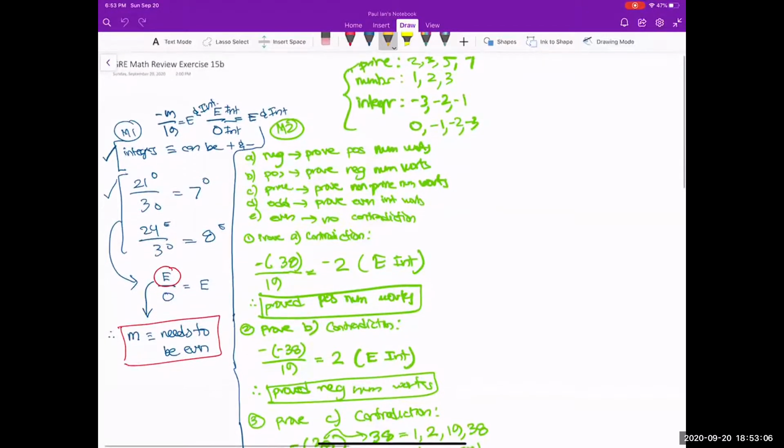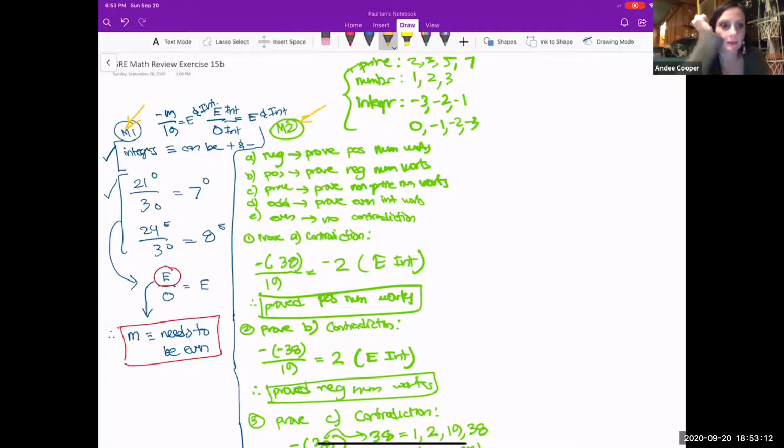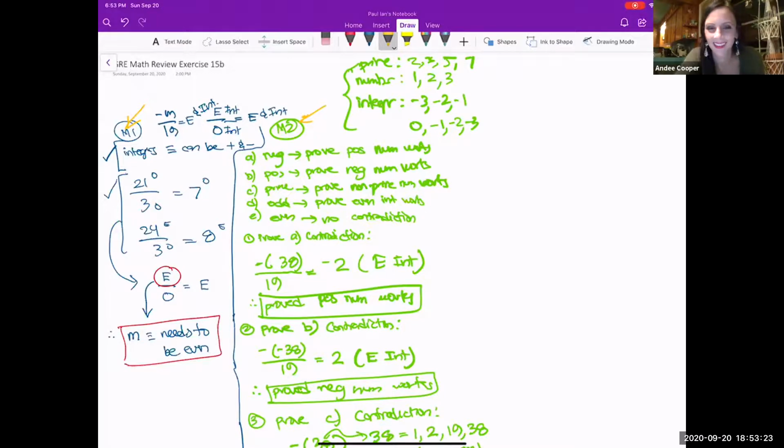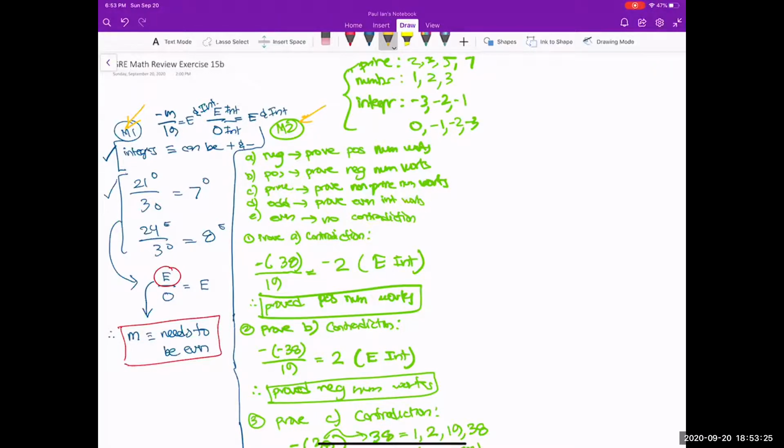the way I would attack these problems, I have method 1 right here and method 2. M1 is method 1 and M2 is method 2. Do you remember in geometry, when you had to prove something? I'm not sure. When you do proofs, this is kind of like a proof problem.